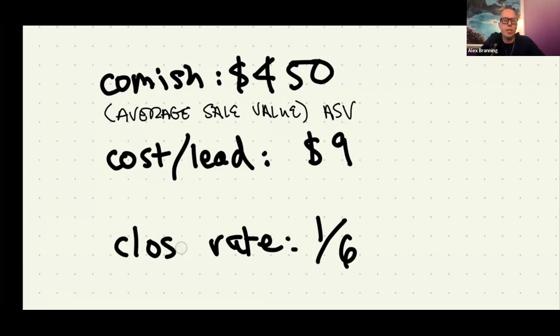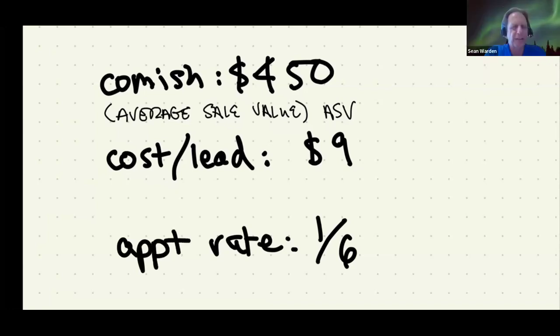Just as an FYI, it's $20 a day ad spend. Okay, beautiful, that's good for now. So his cost per appointment is $54 if he were to get 1 out of 6 people on the phone.